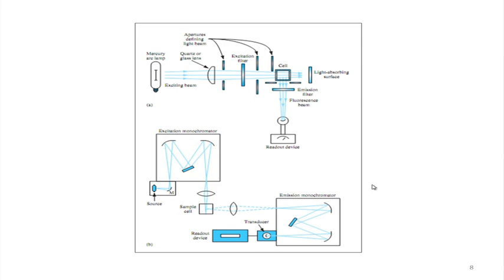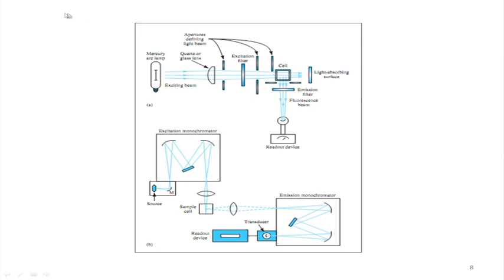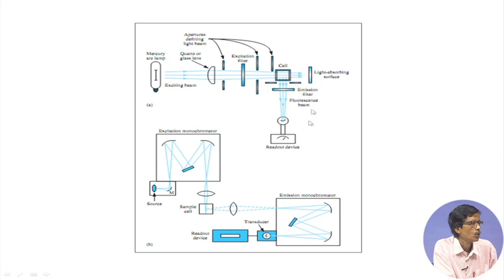In our previous class we have seen how we use this. We have a mercury arc lamp for the excitation, and this is the more simplified setup; a more advanced instrument can use an emission monochromator.